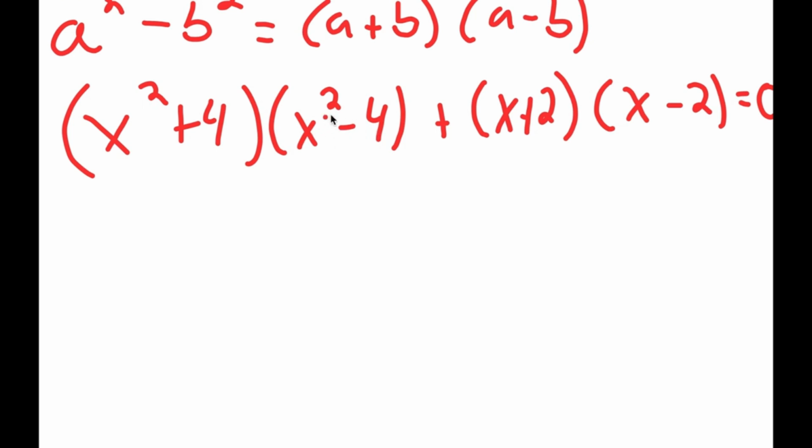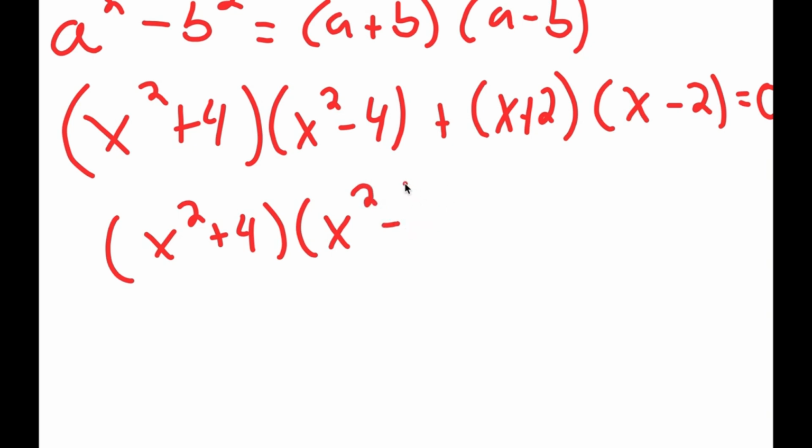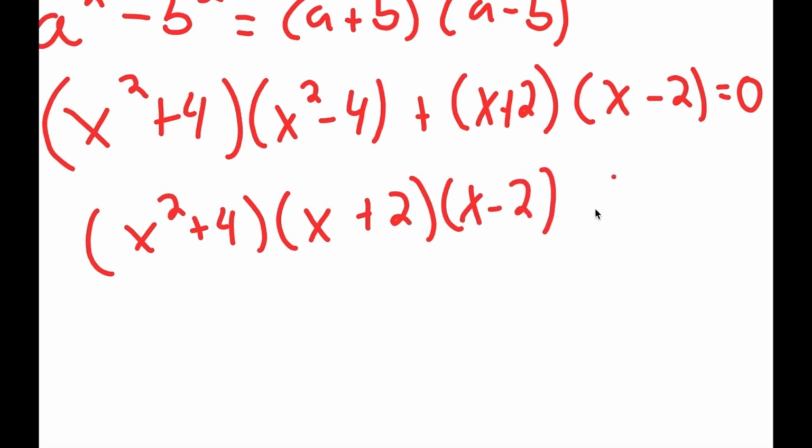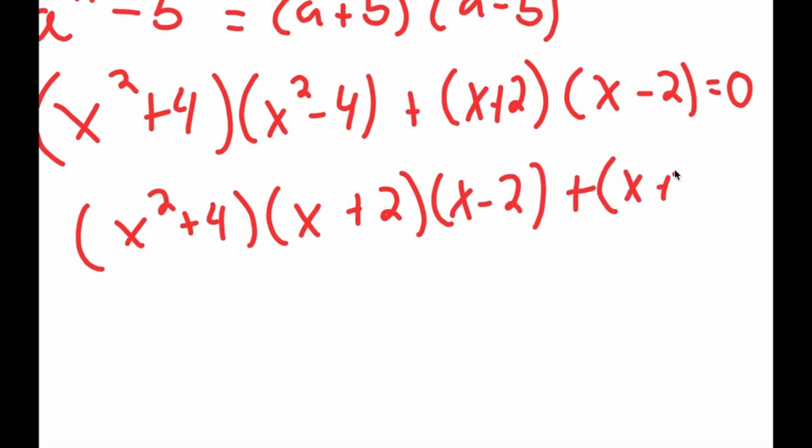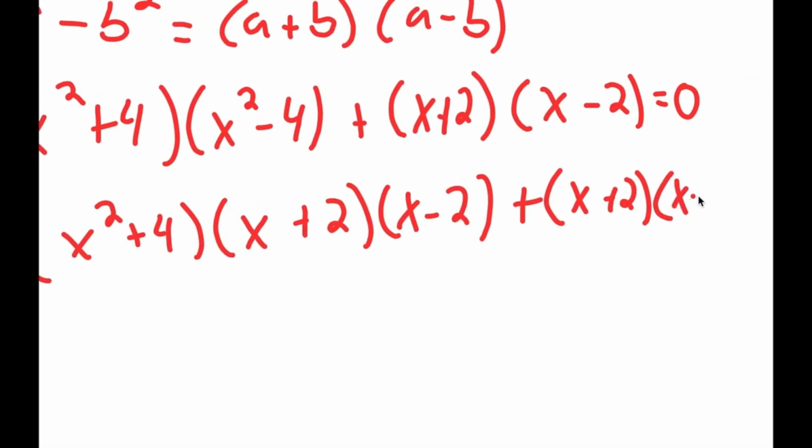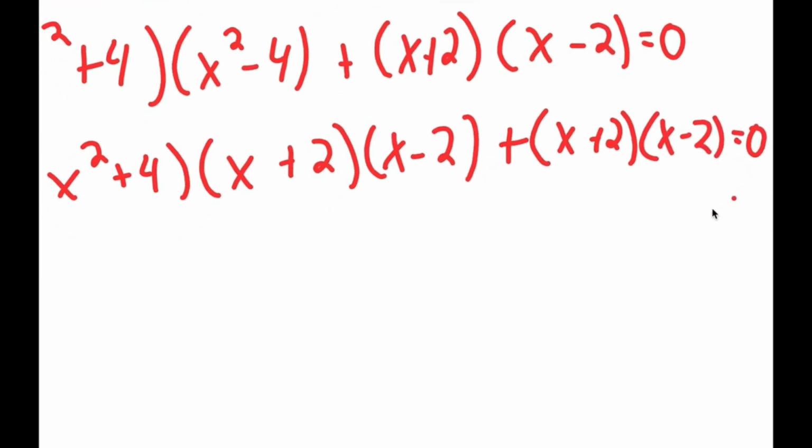Now we can use this property again on x squared minus 4 by rewriting as x squared minus 2 squared. So that's going to equal x plus 2 times x minus 2. And I have this plus x plus 2 times x minus 2 is equal to 0.